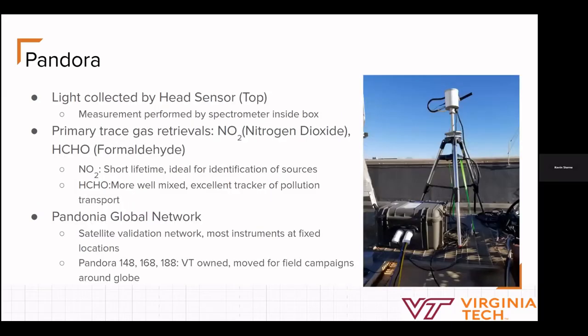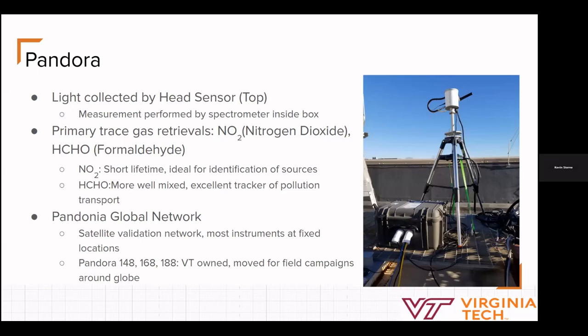And so in order to better quantify how these sources are impacting the satellite-based measurements, as well as to validate these measurements to make sure these satellites are providing high-quality data throughout their lifetimes, numerous instrument networks have been established all over the planet to perform these tasks.